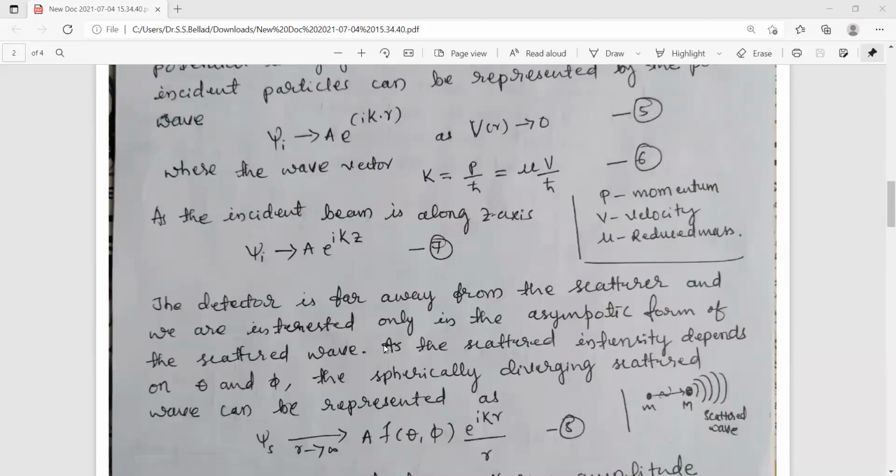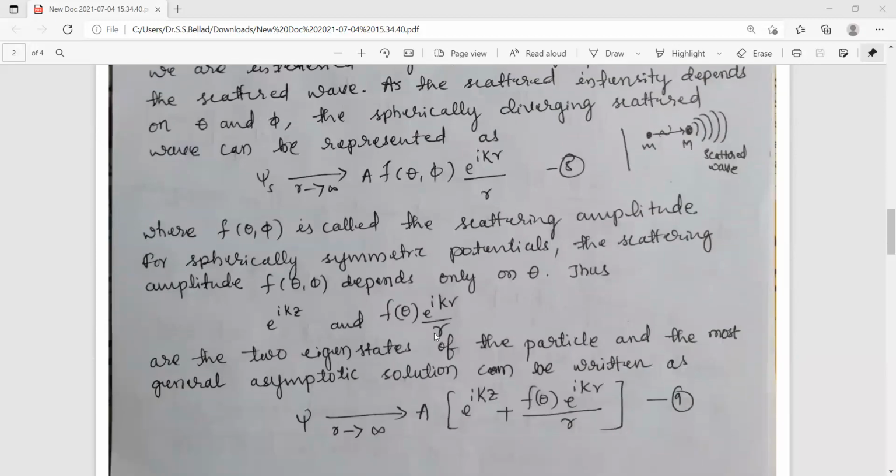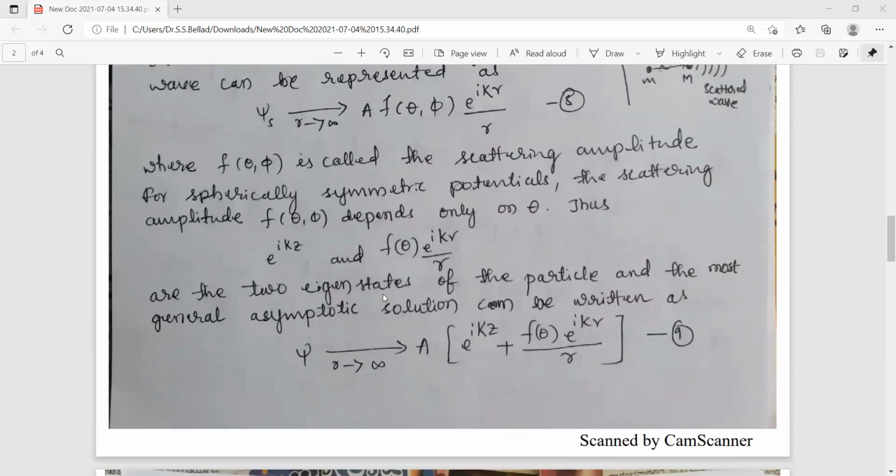So that is why this one and this one are the two eigenstates of the incoming particle. And the most general asymptotic solution can be written using these two eigenstates in this way. So psi is equal to a multiplied by the bracket e raised to ikz plus f of theta into e raised to ikr divided by r. So this is the asymptotic solution for this incoming particle.